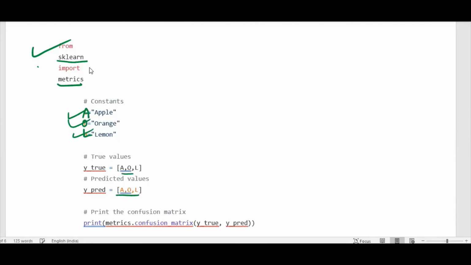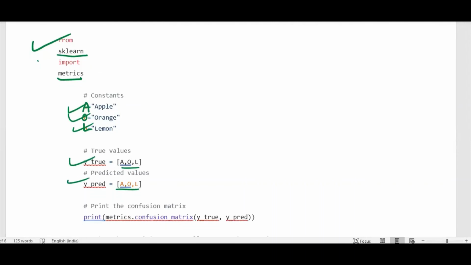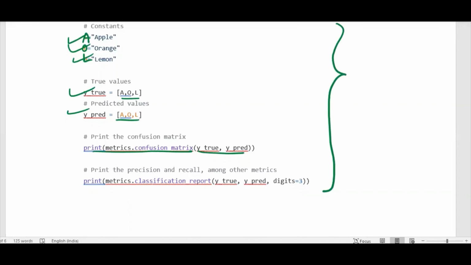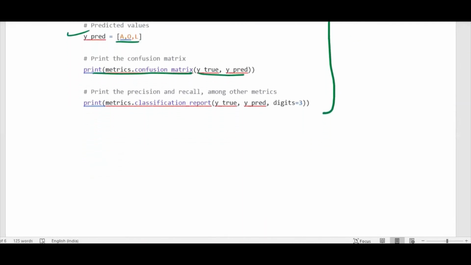And then true, predicted, you'll be able to know when you are doing a model. Then metrics.confusion_matrix(true, predicted). Why we have written it this way, let's not worry about that, we'll do it separately. And metrics.classification_report. I'm not discussing this now. We'll do it once we go to sklearn and apply a model.